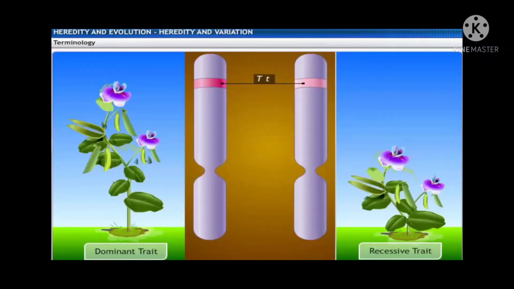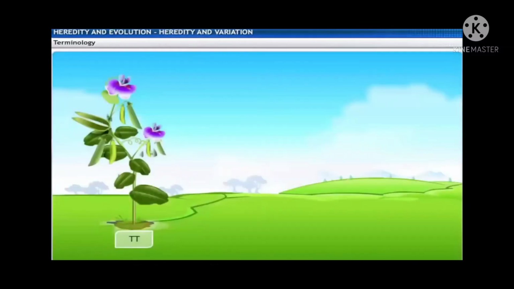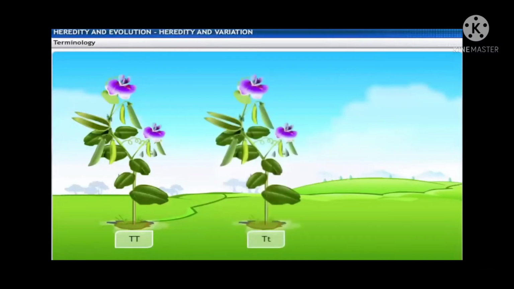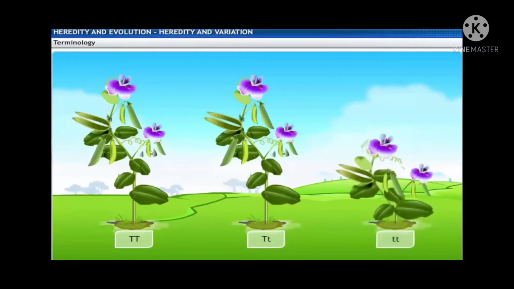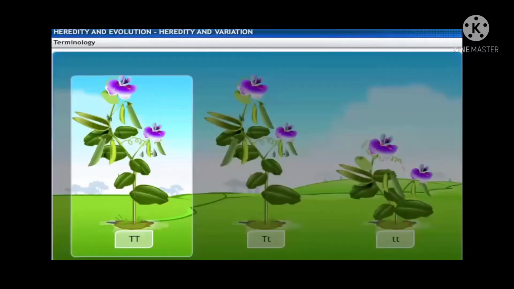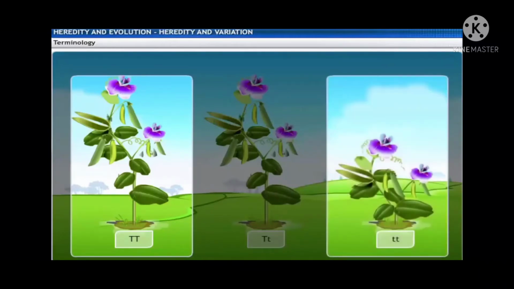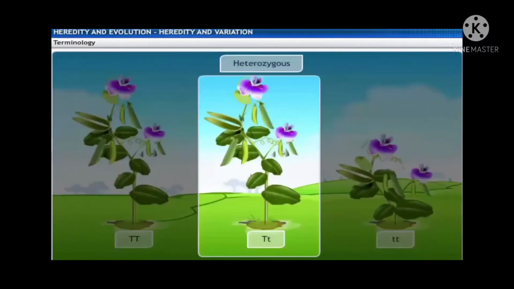These alleles combine to make a genotype such as TT, Tt or tt. TT and tt are homozygous, and Tt is referred to as heterozygous.